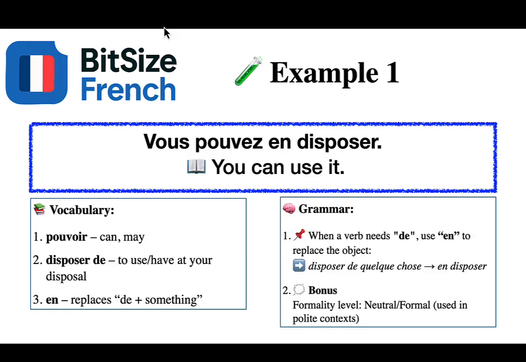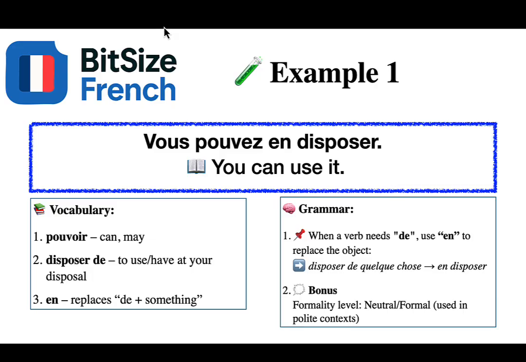Let's take a look at the grammar part of this sentence quickly. When a verb needs de, such as disposer, we use en to replace the object. The verb is disposer de quelque chose, and if you want to replace de quelque chose, we replace it with en, so it becomes en disposer.